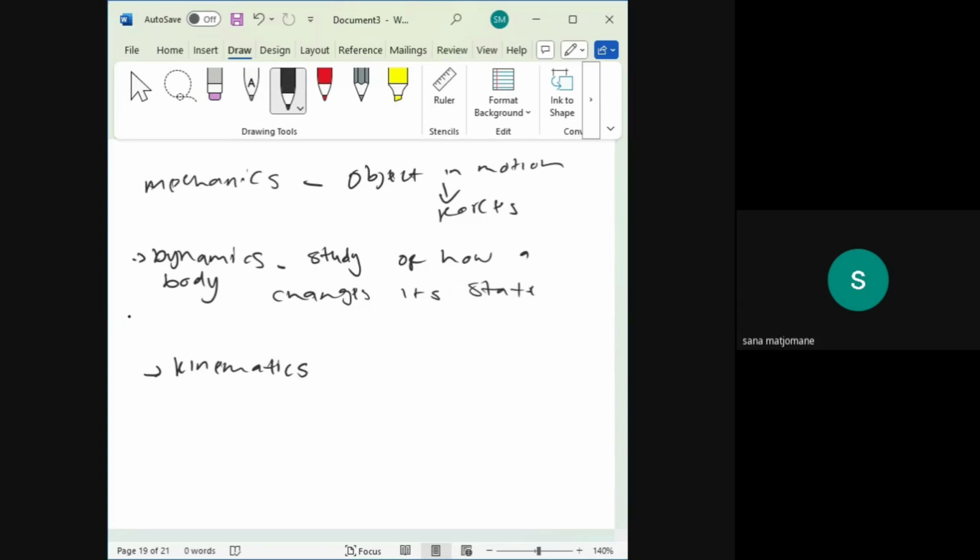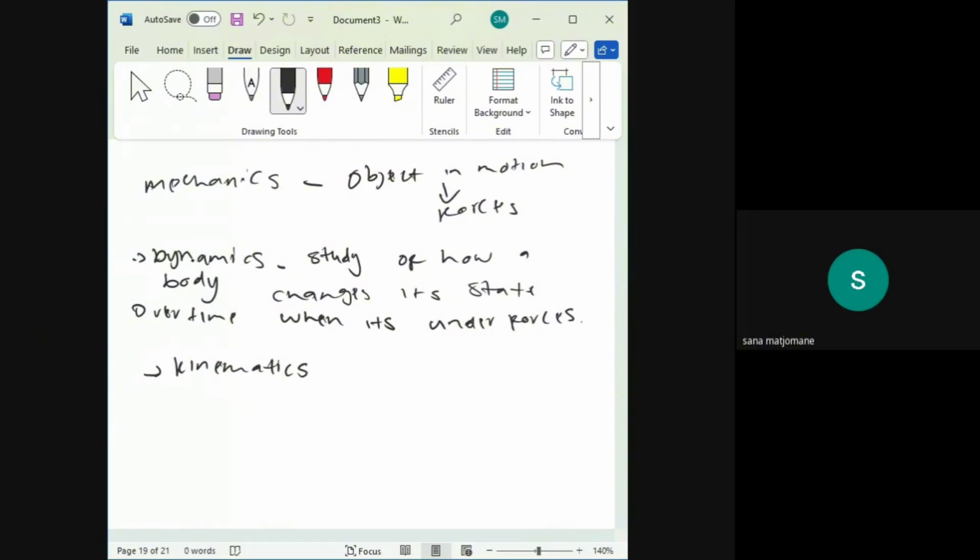That's what I mean when I say a body changes its state over time when it's under forces. In Newton's second law, the body is at rest, it has an F net, it starts to accelerate, so it changes its acceleration and its position too. That's what you mean when you say dynamics.